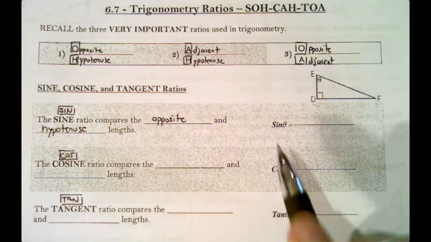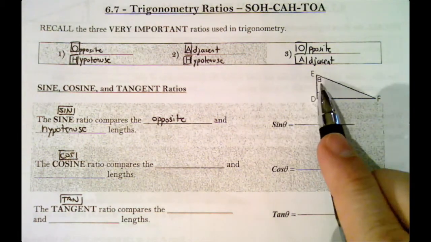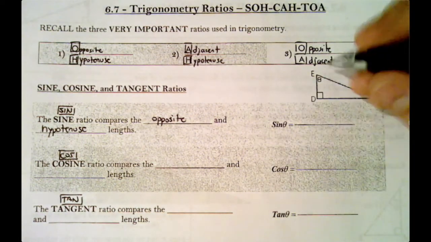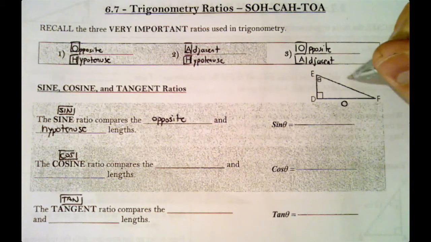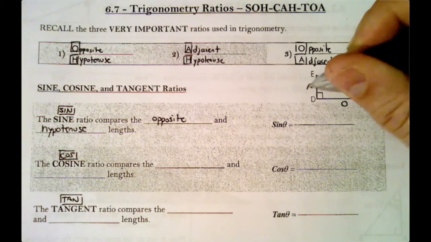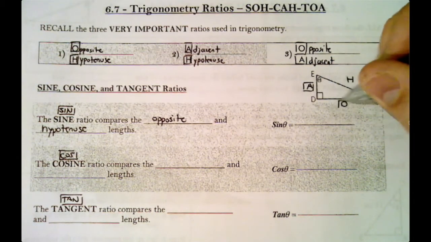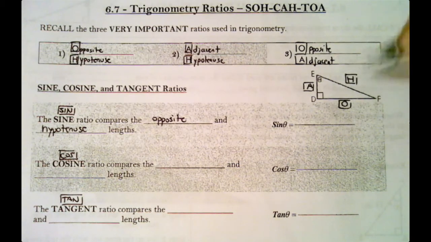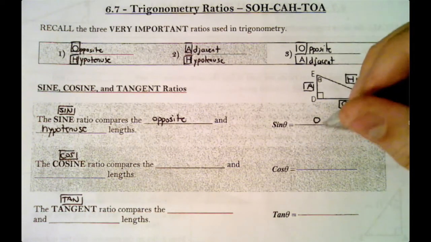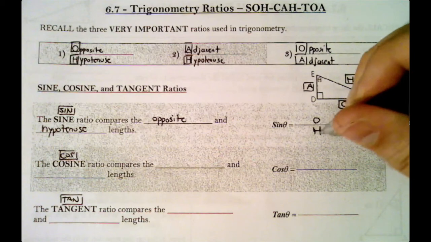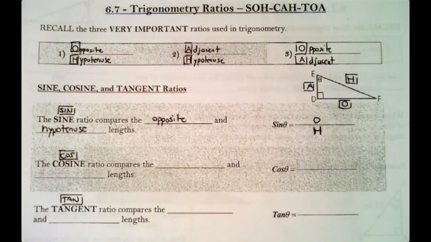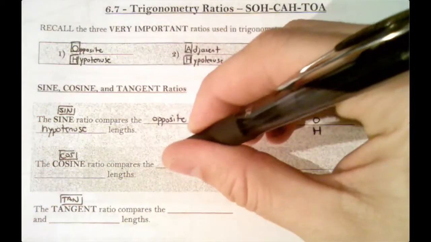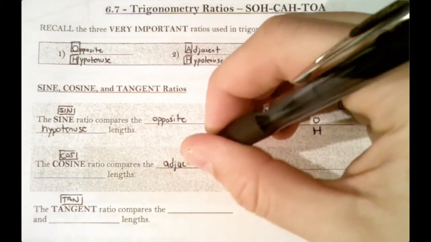In fact, if we took sine of an angle, let's say this angle, it would equal the opposite side divided by the hypotenuse side. The cosine compares the adjacent side and the hypotenuse.